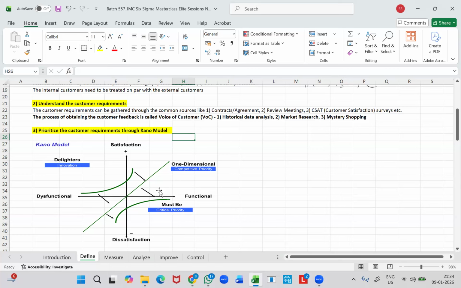So if you slide down to 99.1%, obviously the customer would be dissatisfied, because you have delighted your customer with some superlative performances. And you need to continue providing the same, because delighters, as we all know, if consistently provided over a period of time, will become must-be in the minds of the customer.